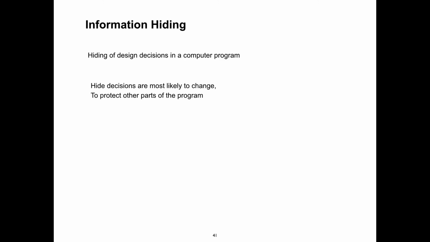And information hiding is making sure the rest of the world can't see what's going on. These are three related but separate ideas. We can't have abstraction without the other two. Just because you've got encapsulation doesn't mean you've got information hiding.